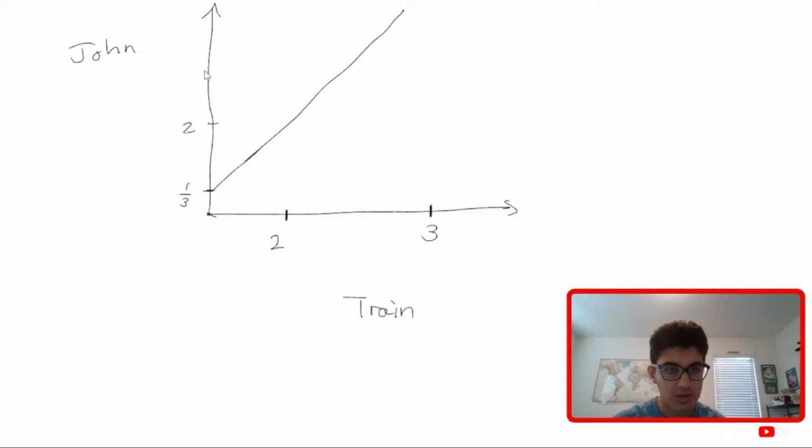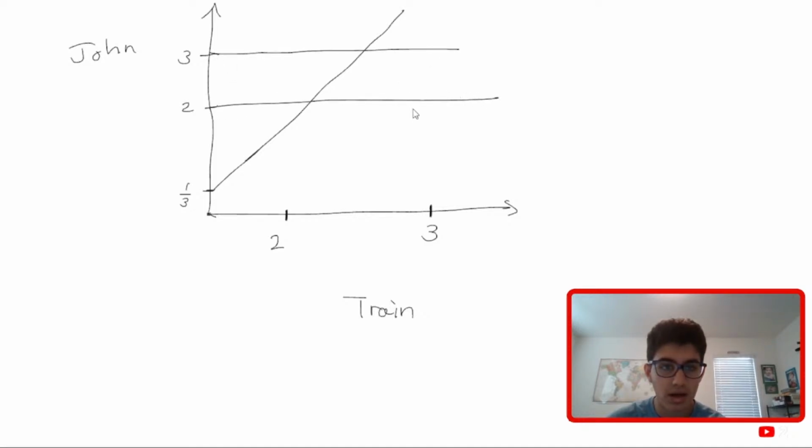This is going to be 2, this is going to be 3. Or maybe 2 is here, 3 is here. So John is here, right? And the train is, I think this is also 1/3, right? Or no, this has to be 2/3 then, I think. 2/3 and 0.